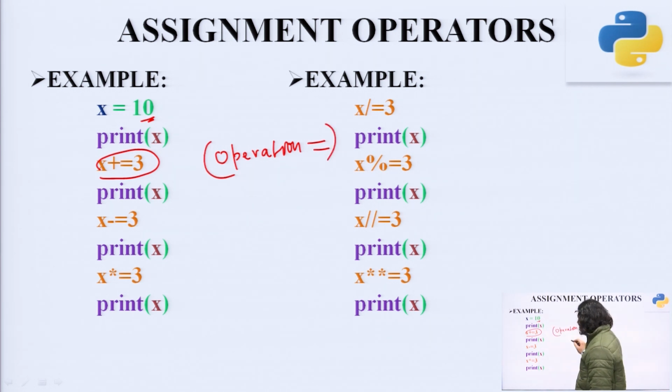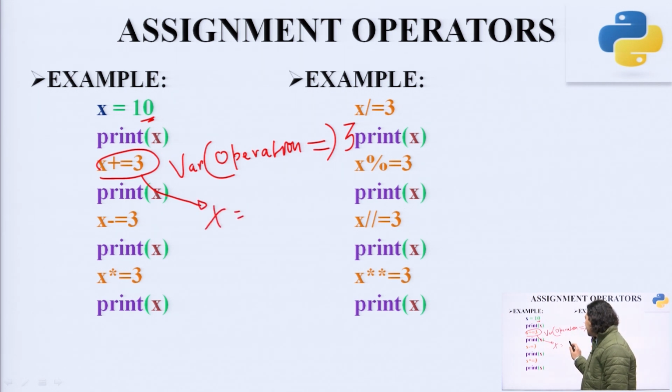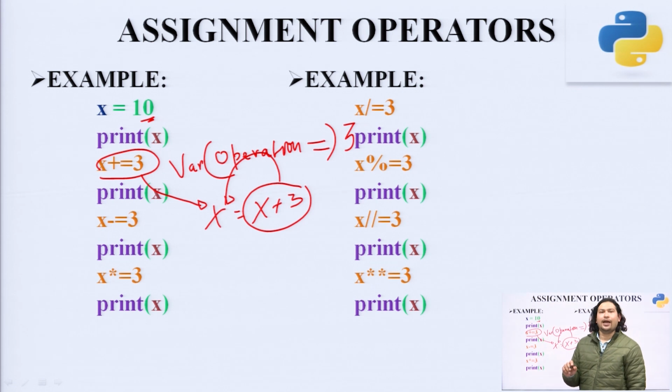This is the syntax, and before that it is the variable on which you are applying it with the change value, let us say 3. Now, look at this statement. It is saying x plus equal to 3. The meaning of this is x equal to x plus 3. That means the x plus 3 value will be assigned again to the same variable, that is x.